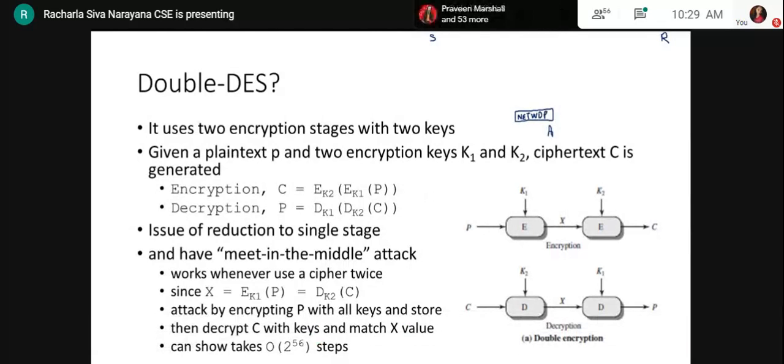The attacker doesn't know the key, but the sender is performing double DES and the receiver is performing double DES. The attacker knows the encryption algorithm, that is double DES, but doesn't know K1 and K2. Now the attacker wants to find K1 and K2.